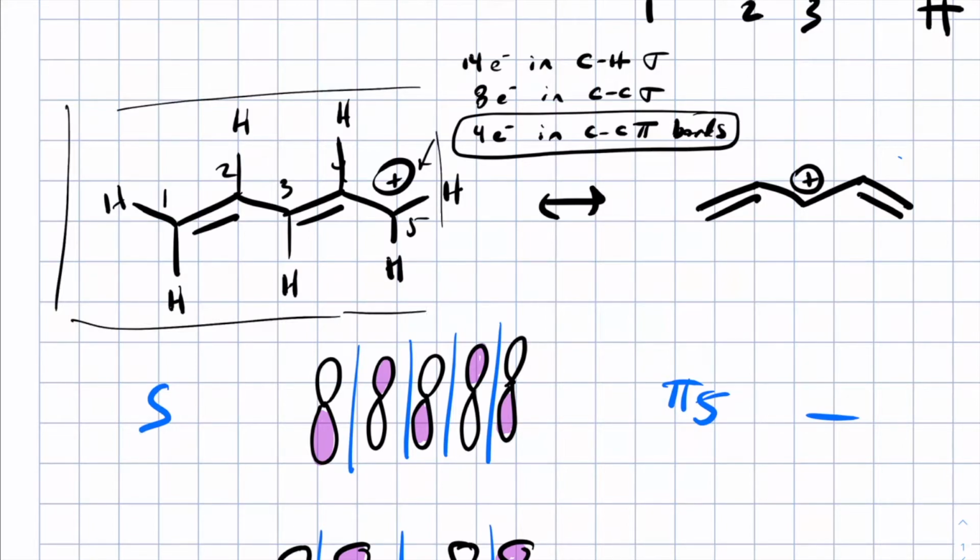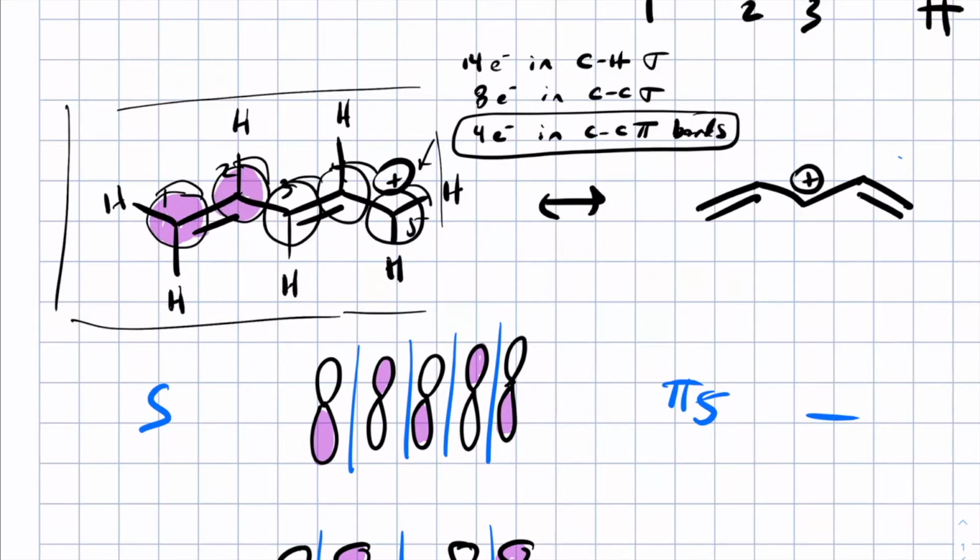You can imagine this molecule is flat in the plane of the page, and each of these carbons is trigonal planar. Each then contributes a p orbital to the pi system, and those p orbitals are above and below the plane of the page.